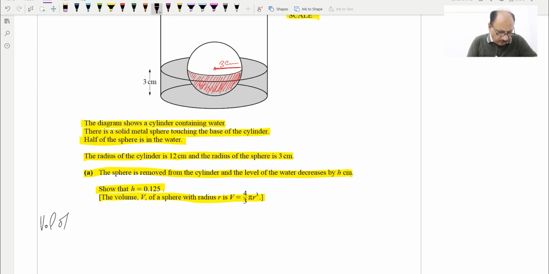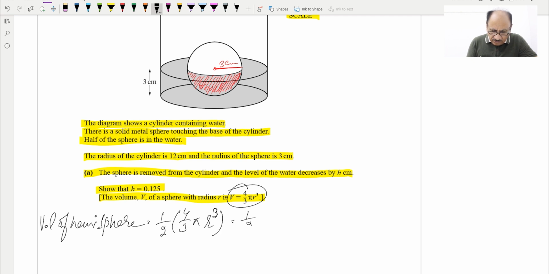So volume of the hemisphere will be equal to half into 4 by 3 pi r cube. Half as it is, 4 by 3 pi also as it is, and r cube, r is 3 centimeters, so we can write 3 cube.